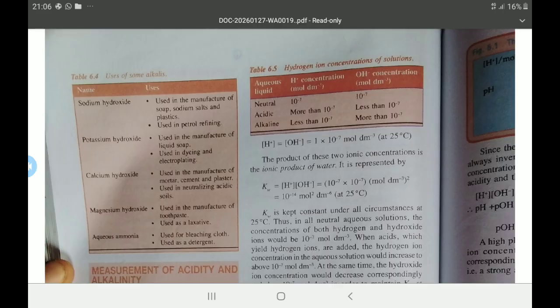And next one is calcium hydroxide, another example of a base, used in manufacture of mortar, cement, and plaster, and in neutralizing acidic soils. Next one is magnesium hydroxide. This is used in manufacturing of toothpaste and as a laxative. And next one is aqueous ammonia, used for bleaching clothes and as a detergent.